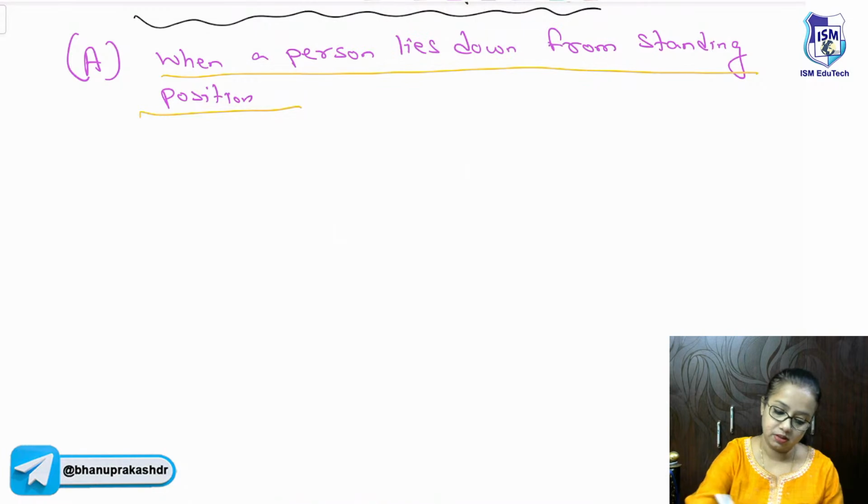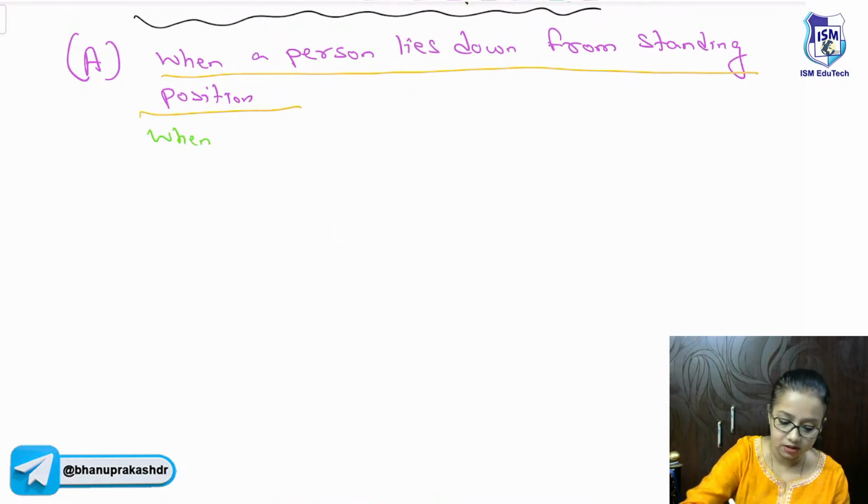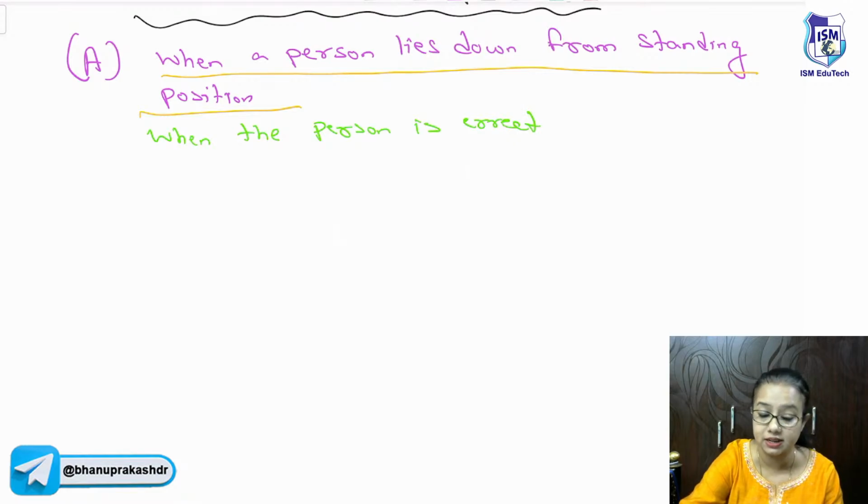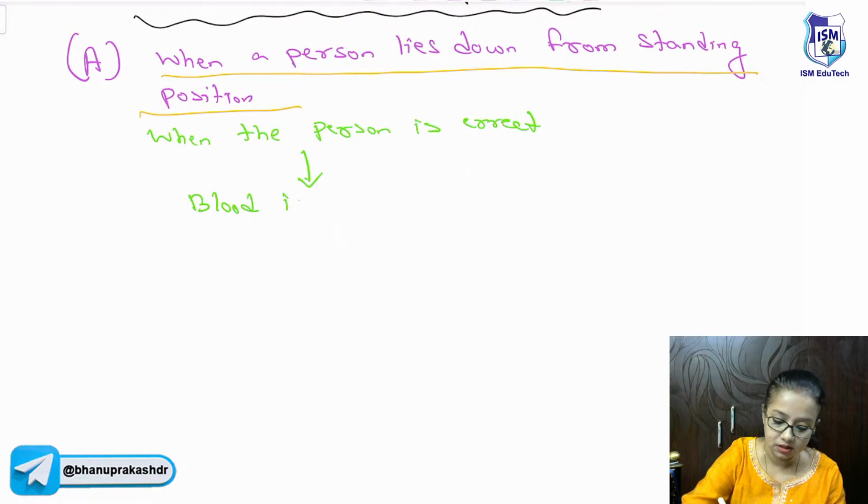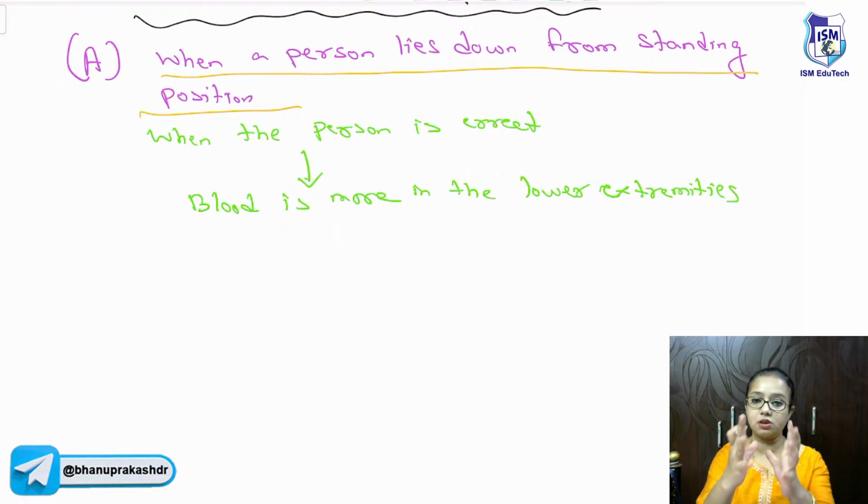So, when the person is standing, when the person is erect, blood is more in the lower extremities. There is a lot of blood in the veins of the leg because of the gravitational pull.